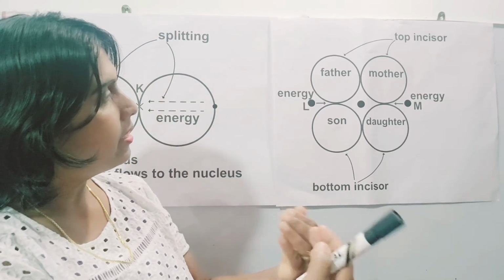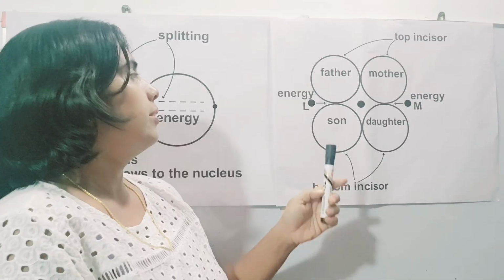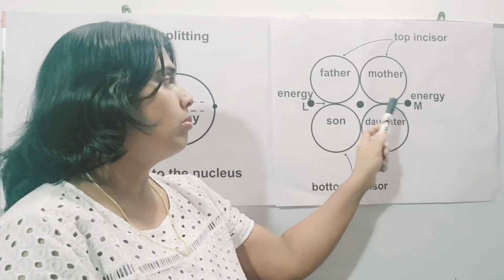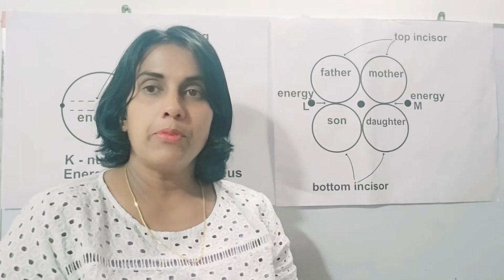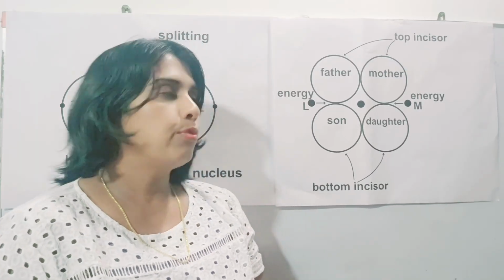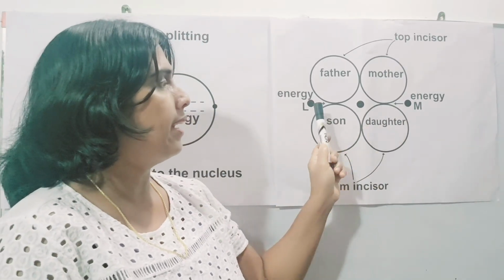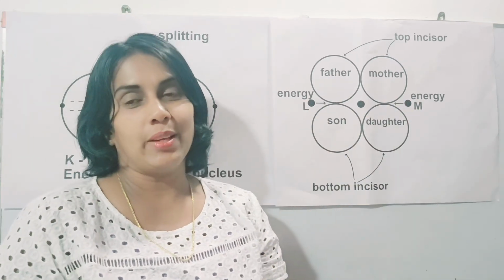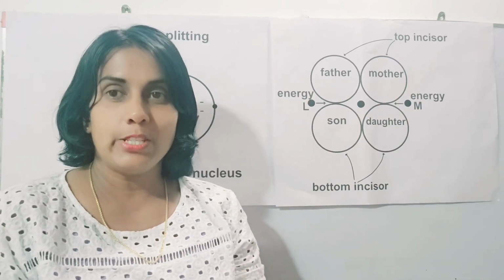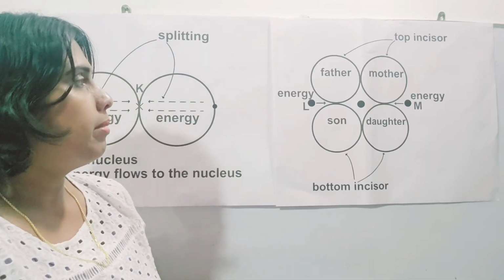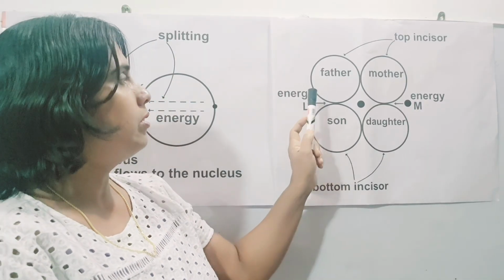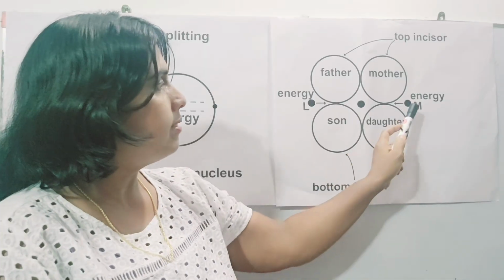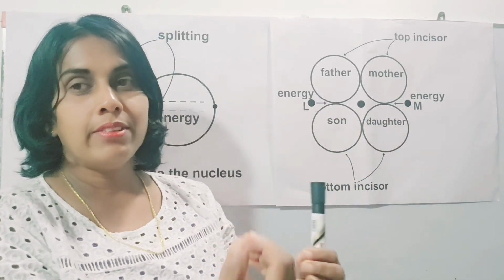And while this energy is received, at L and M also the energy is developed. The attraction forces increase at L and M. So L and M want to attach with each other. They want to join with each other. But the problem is, due to the stronger 4-teeth structure, this and this cannot join with each other.